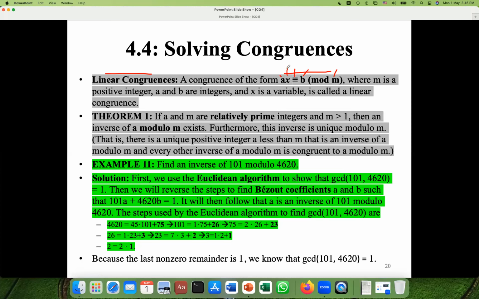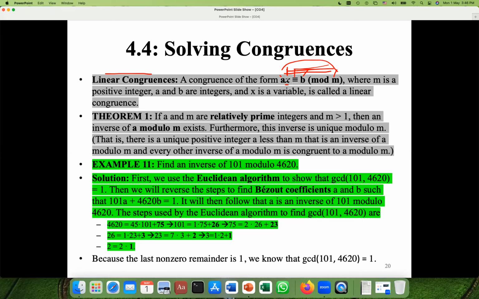This complete form, in which we have this variable X, is called a linear congruence.